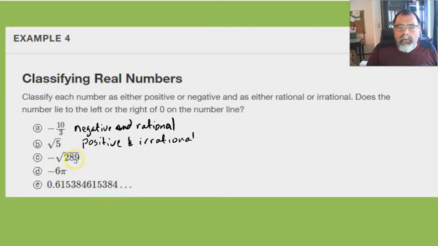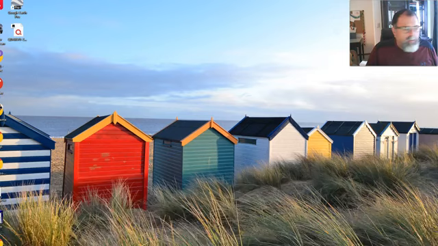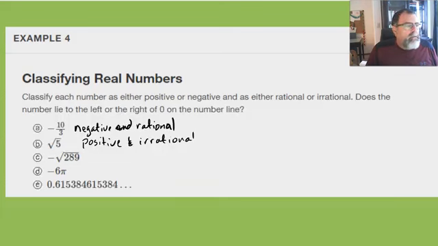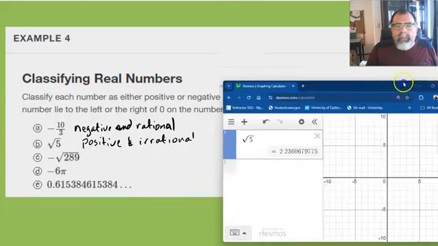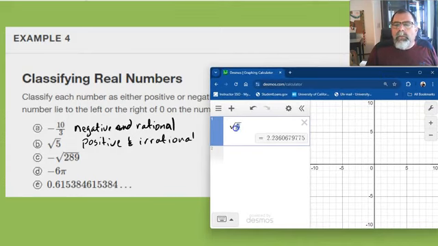289. Now you've got to be careful just because you have the square root, right? If you know your squares, this should make you say, hey, that's a perfect square. So if I were to punch it into a calculator, you're going to get a whole number, which is rational. So let's see here. If I do square root of 289, that's 17, right?